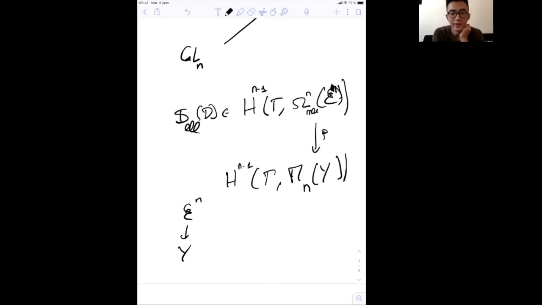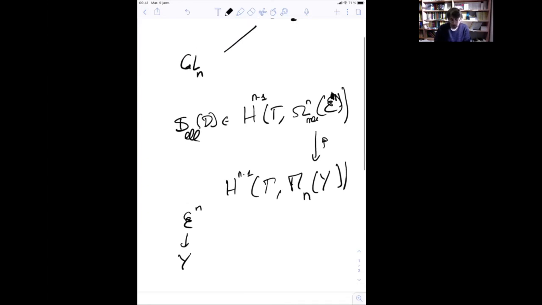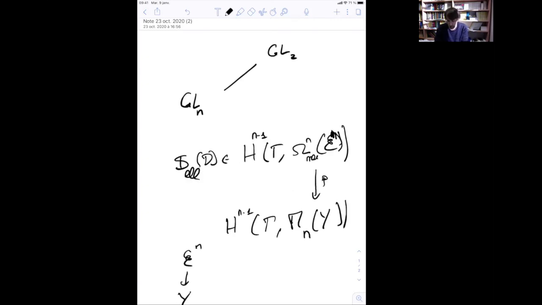So when you pair this map with the cohomological representation of degree n-1 of GLn, you get a weight n modular form. And that's exactly the theta lift: if you have a cohomological representation pi of degree n-1, then theta of pi is a weight n modular form.